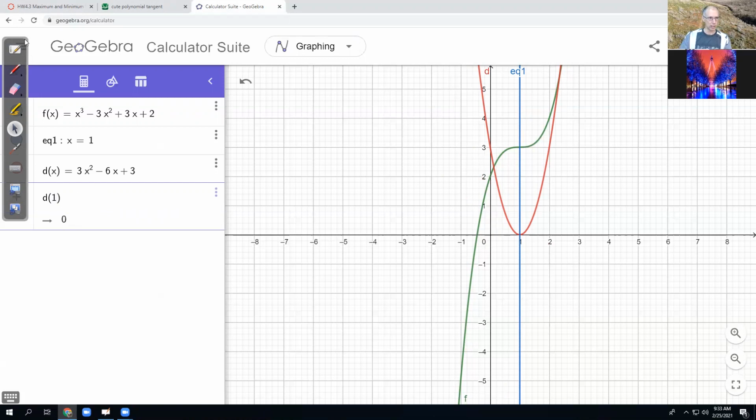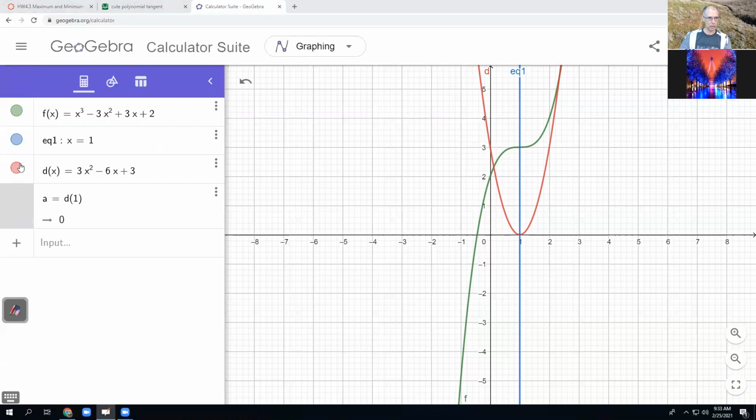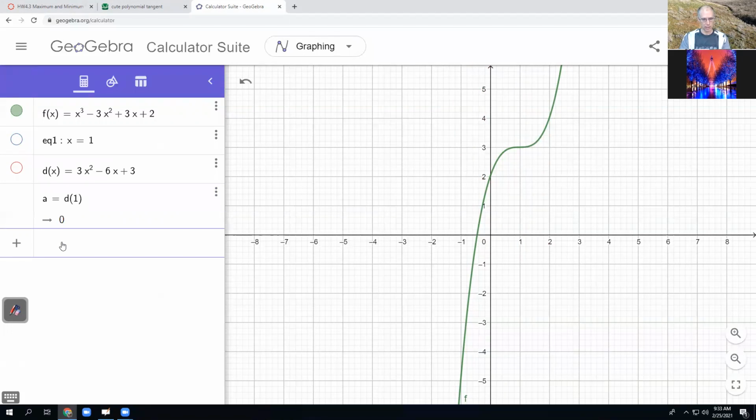And I don't really need to see the derivative function, I just want to use it. See x equals 1. So we have a 0 slope there, right? So we can double check with the tangent line there, y minus f of 1 equals 0 slope. There's our tangent line there.